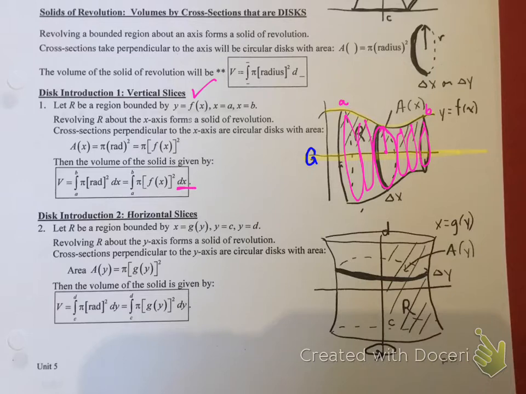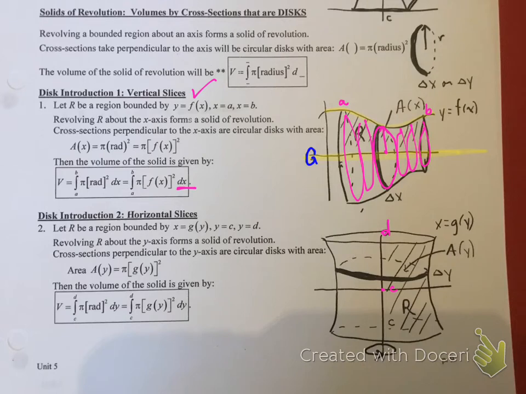The next thing we're going to talk about is discs that we're going to slice using horizontal slices. So this time around, my area is bounded by x equals g at y. So we're going from some value C to some value D here, okay?